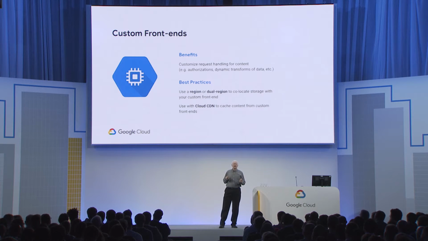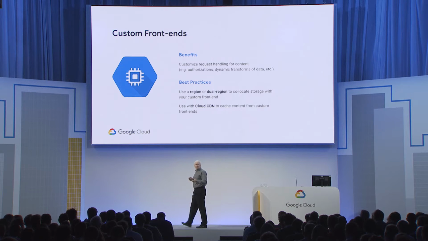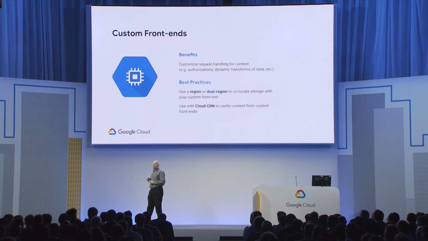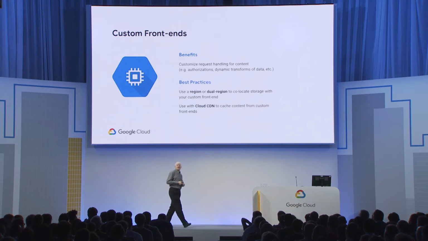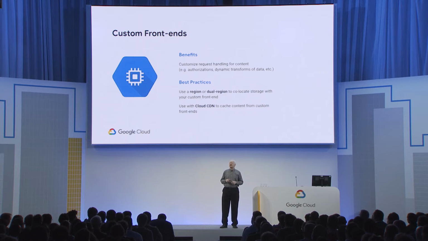Often you might actually combine a custom front end with a CDN, right? Because your CDN will now access that custom front end in a very specific location and reduce latency by simply allowing you to keep the data in a single region.